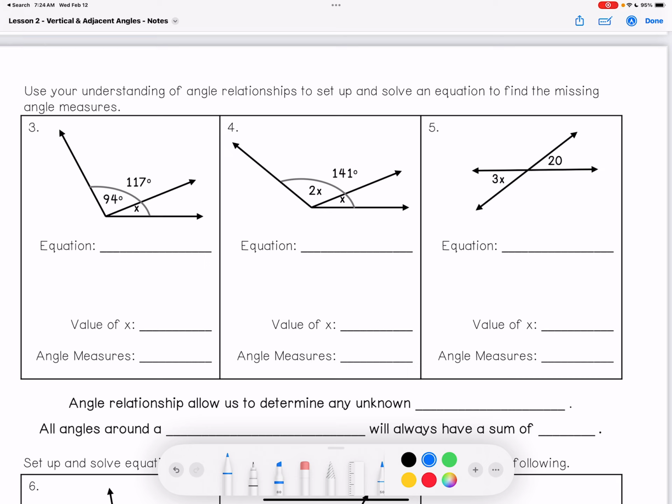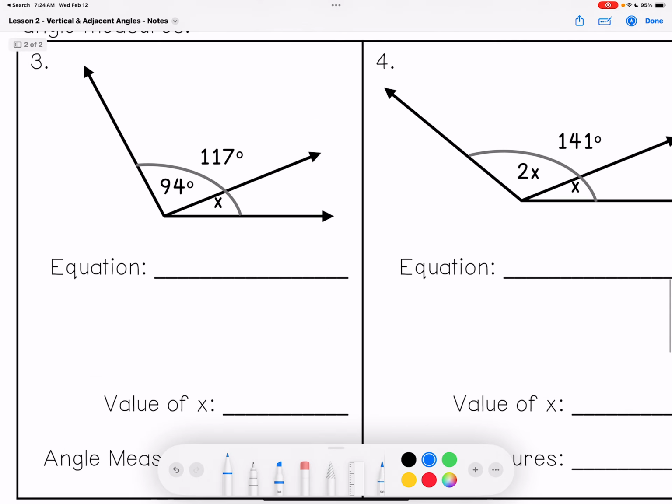All right, to the back page. So let's work these out. They tell us right here in green, this angle equals that number. So the whole thing equals what? 117.